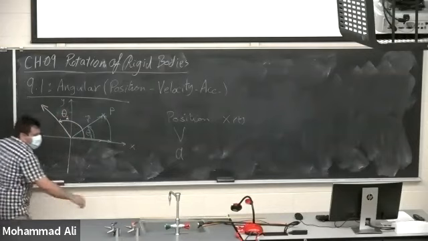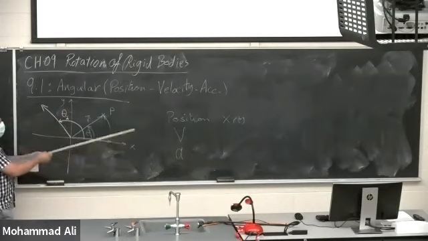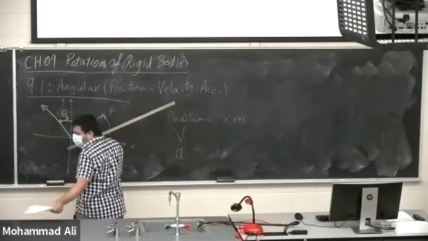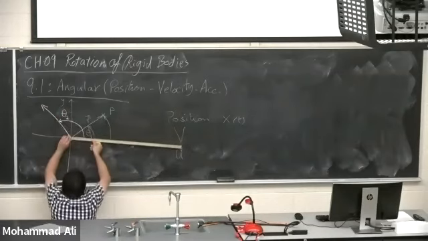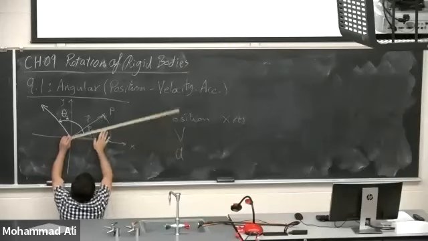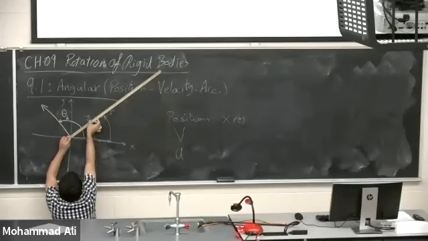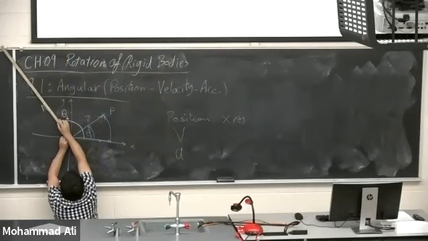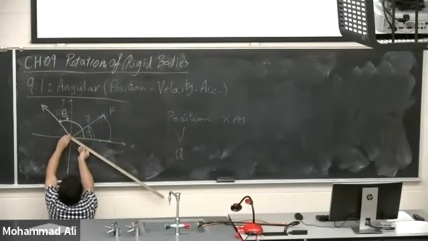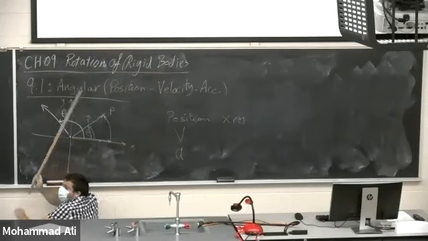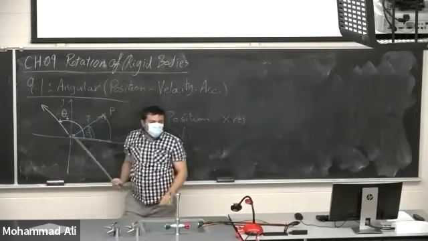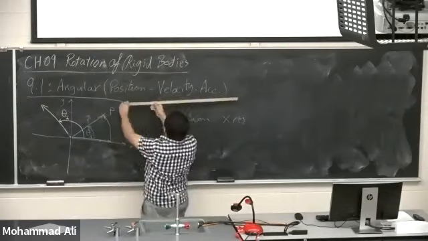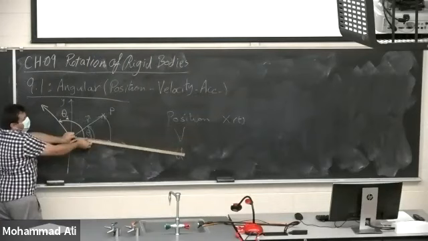Okay. So if I start from the origin and I move my vector with angle theta 1, then theta 2, then theta 3, I can move any theta I need. Sometimes when I move my theta, I can be fast.